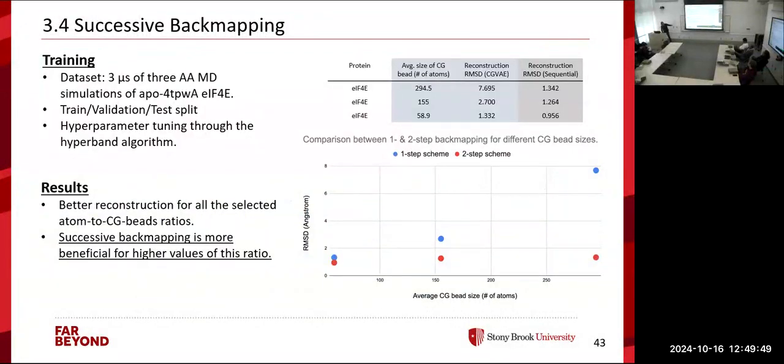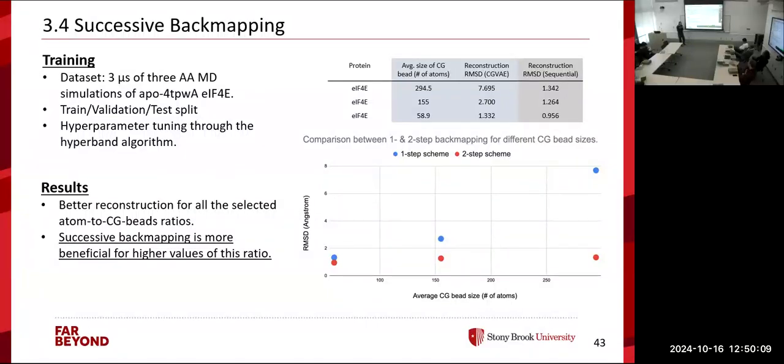So we are testing this on a total of around 3,000 conformations coming from an all-atom MD simulation of the protein EIF4E, the translation initiation factor.